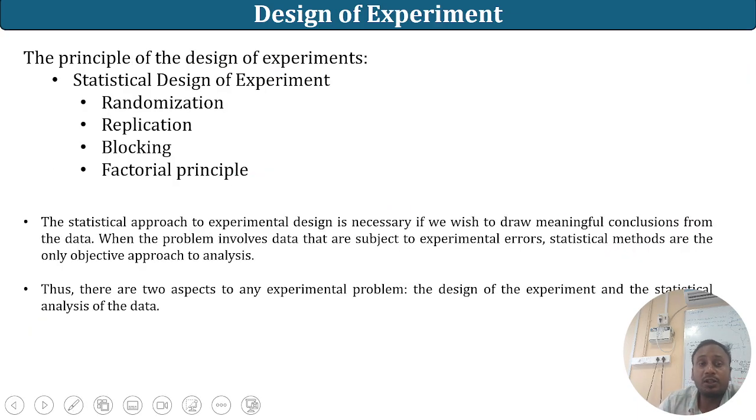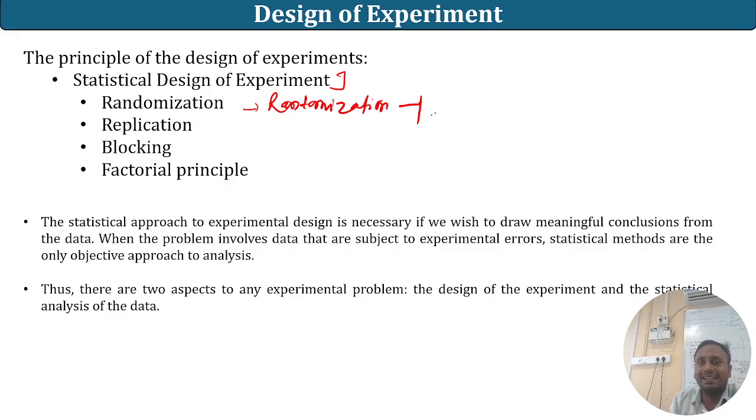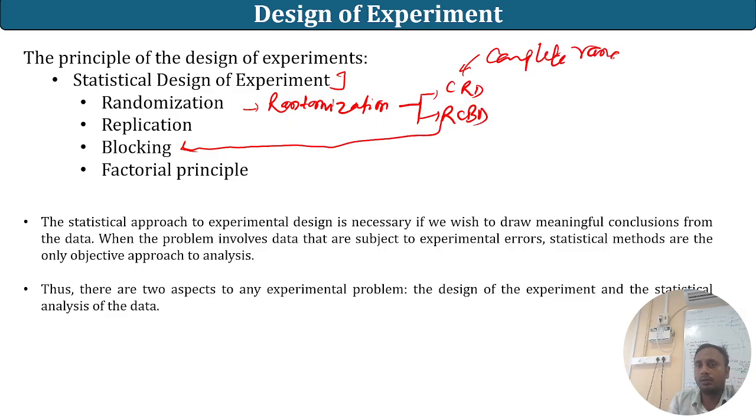So what are the types of statistical design of experiment? The first one is randomization. In that we have CRD, complete randomization design of experiments, and RCBD, the randomized control blocking design.